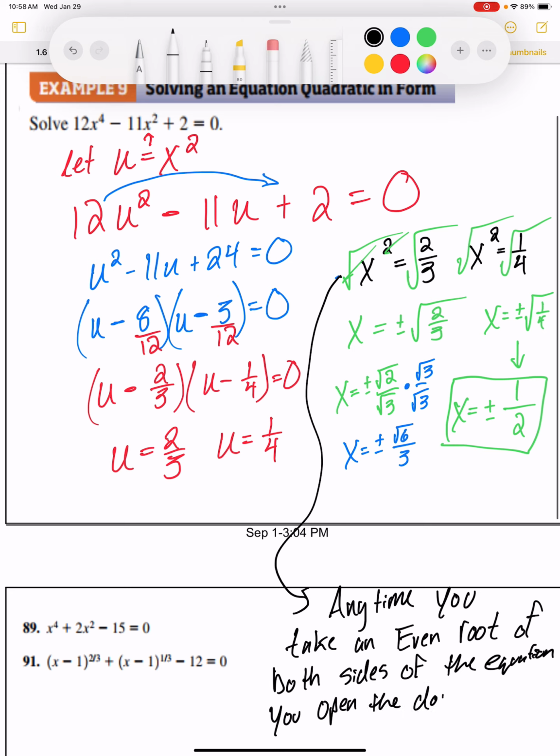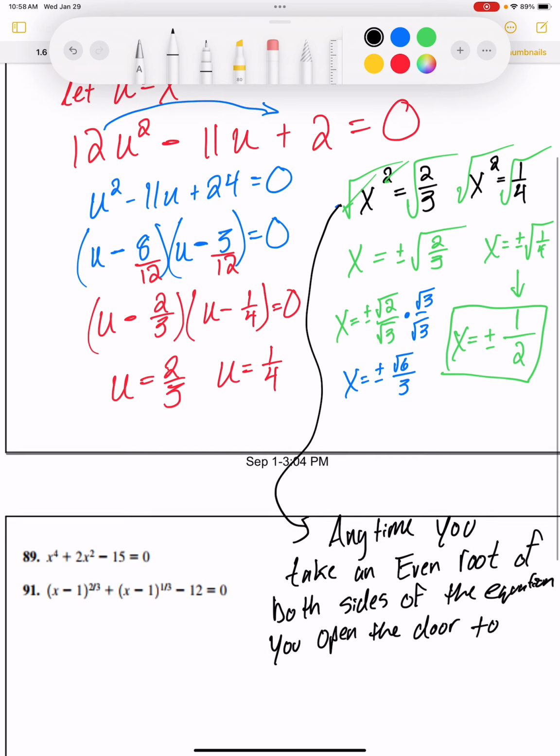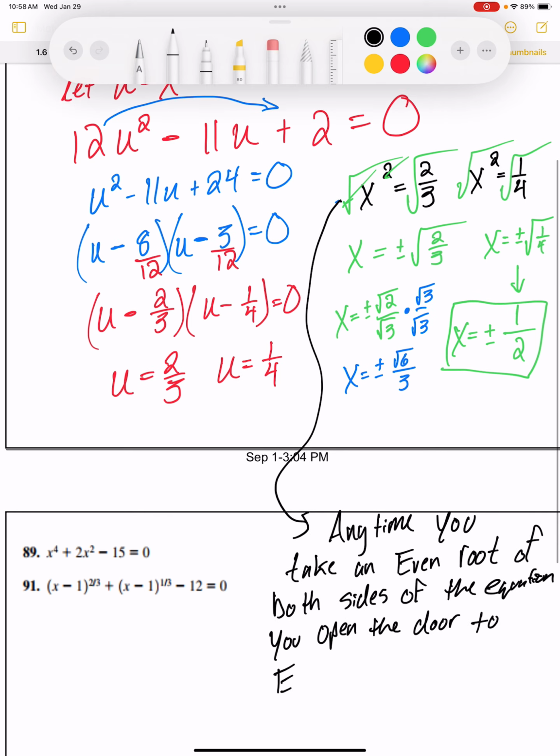The door, right? That's what I'm always talking about. Opening the door to extraneous solutions. What are extraneous solutions? We're talking about false solutions.